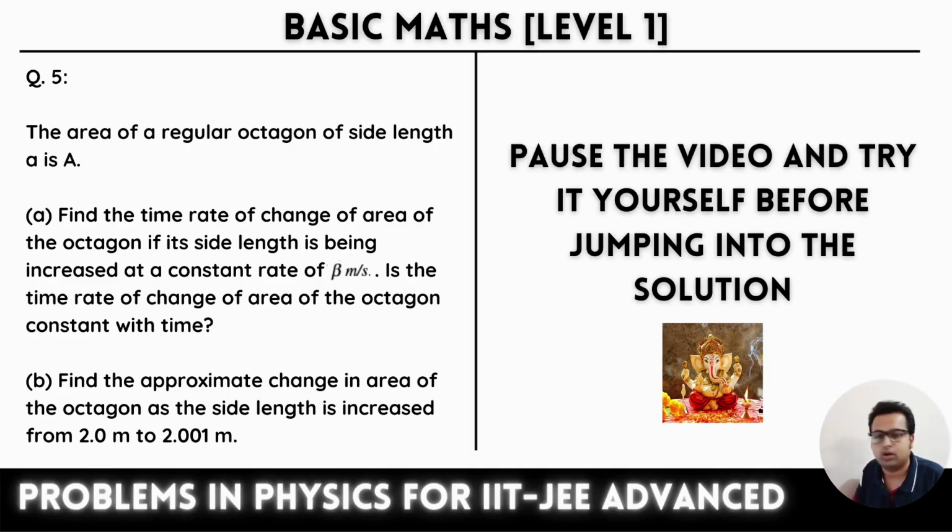And the B part: find the approximate change in area of the octagon as the side length is increased from 2 meter to 2.001 meter. It is a very easy question. If the side length is increased from 2 meter to 2.001 meter, definitely the area will increase. So what will be the change in area? That you have to calculate. I hope you can very easily do that.